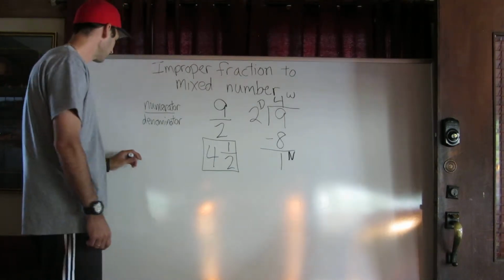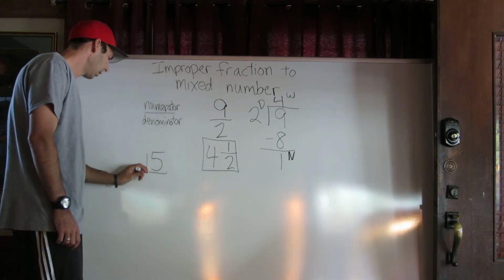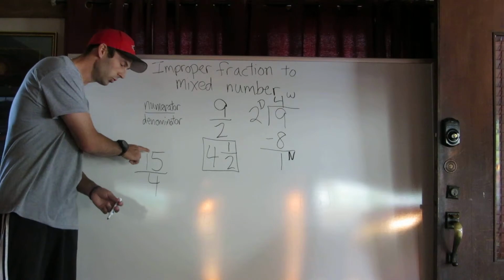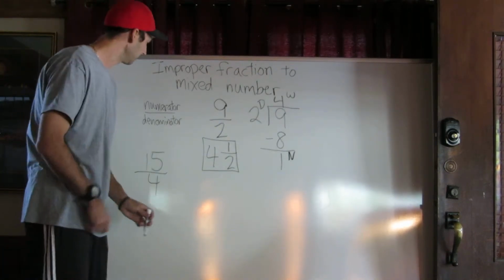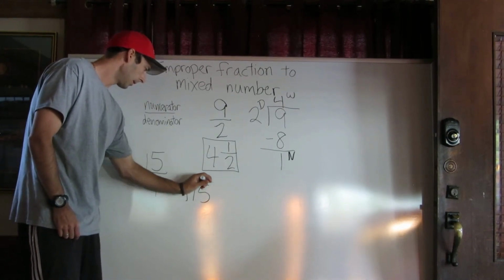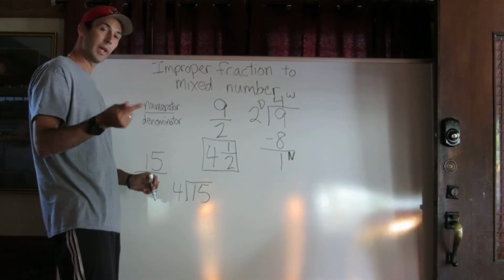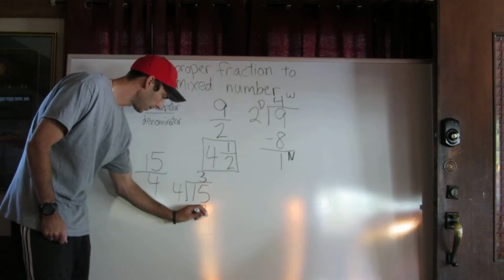Let's try another one. 15 over 4. Again, you know it's an improper fraction because your numerator is larger than your denominator, which means we have to divide. Numerator on the inside, denominator on the outside. 4 goes into 15, 4, 8, 12, 3 times. 3 times 4 is 12.